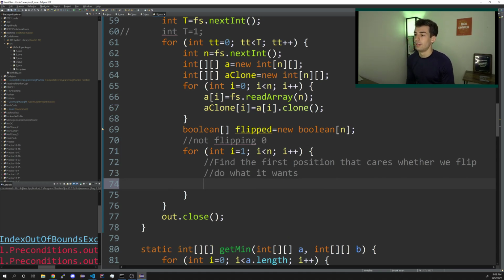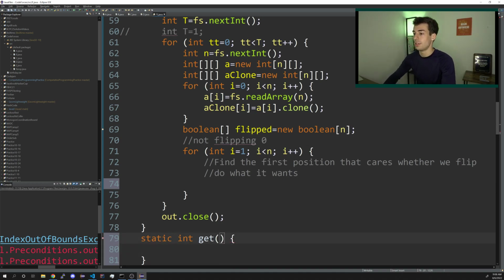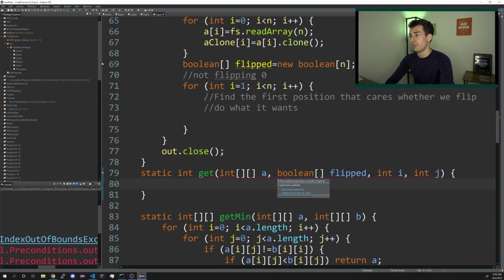Okay, so then we're going to need a static int get. This would be int double array a, then we need boolean array flipped, and then int i and j. So int times flipped equals 0, I guess.